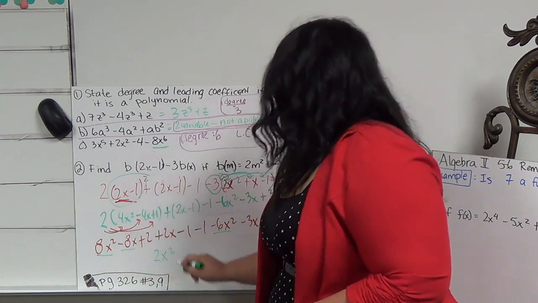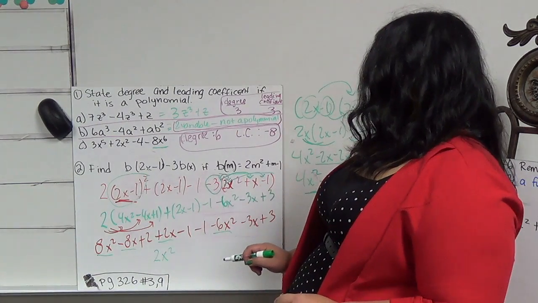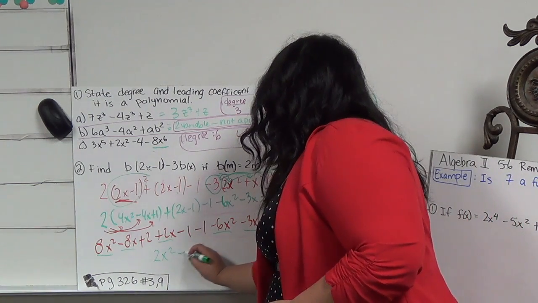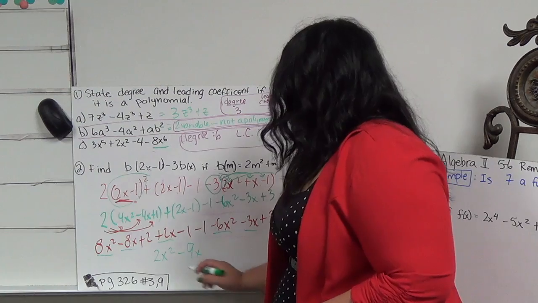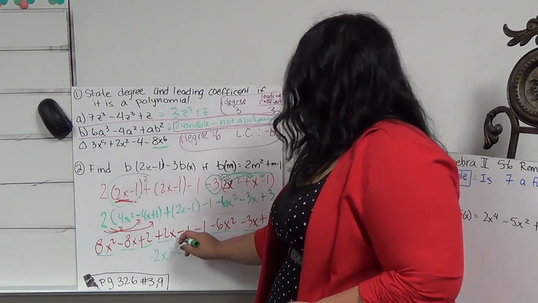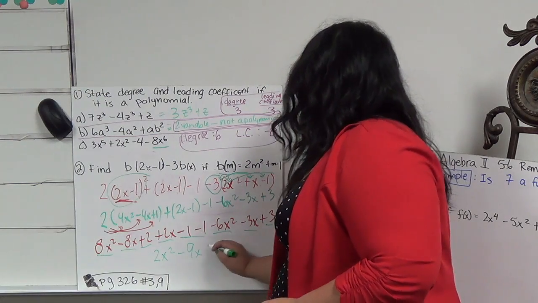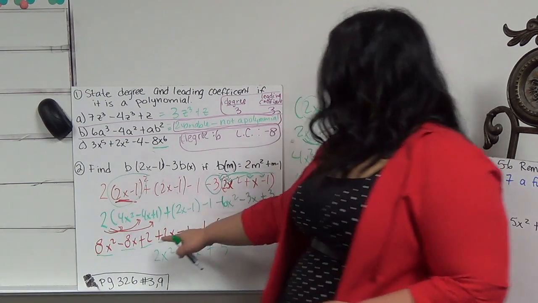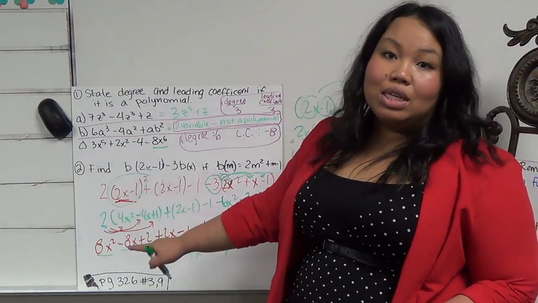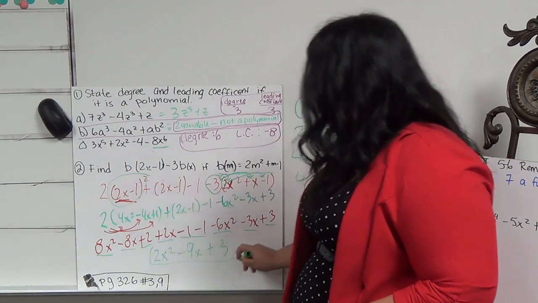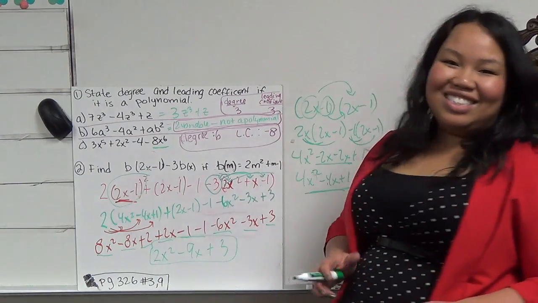And then negative 8x plus 2x, which would give me negative 6x, minus 3x, which would give me a negative 9x. And then positive 2 minus 1 is 0. And so I have positive 3. This is one of those things where it's important for me to underline so I know I've used everything because it's easy to get confused. Now, because none of these are like terms, this in fact is my answer.